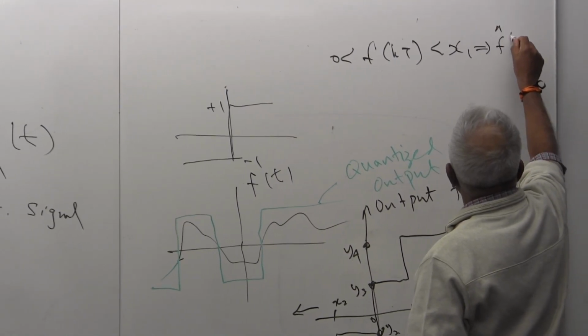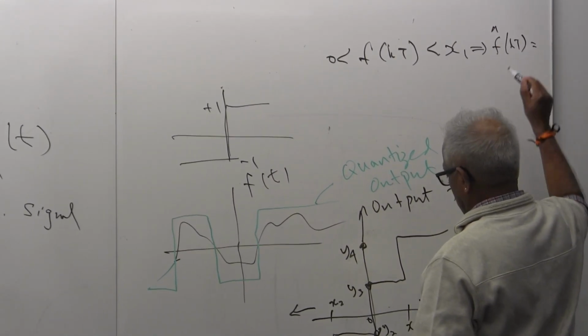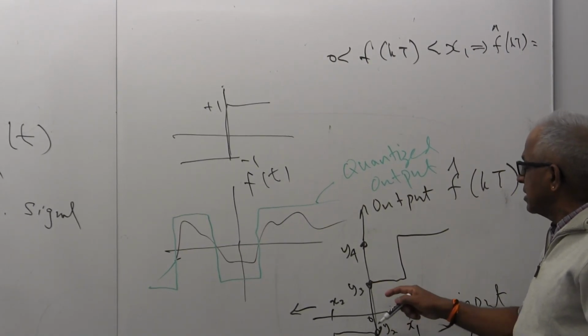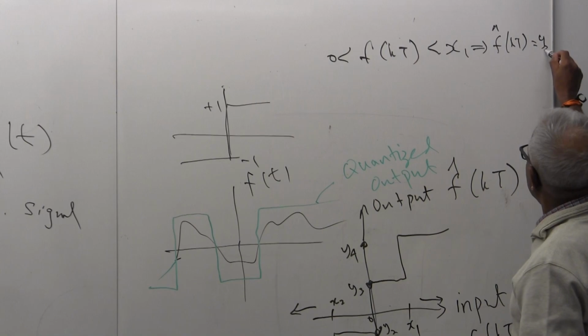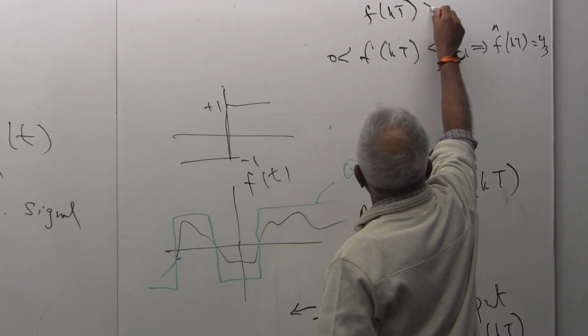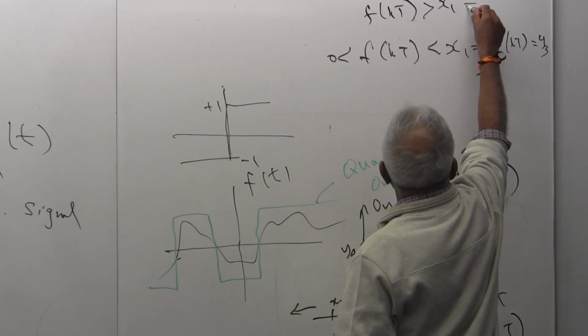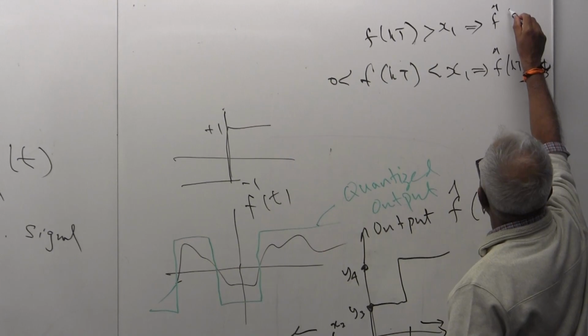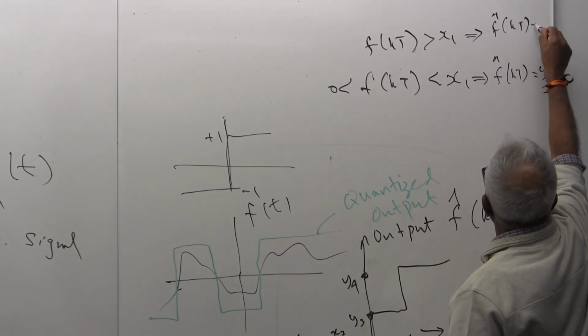Anybody? Yeah, you can assign it as y3, exactly, right. And if the input is beyond x1, y4, exactly, right. f hat of kT is y4.